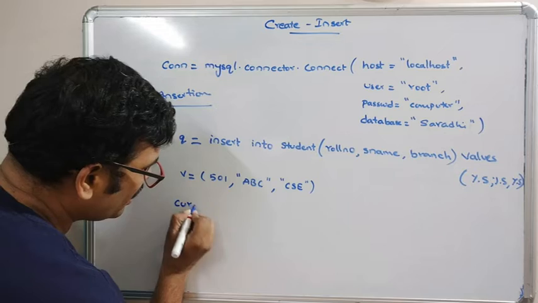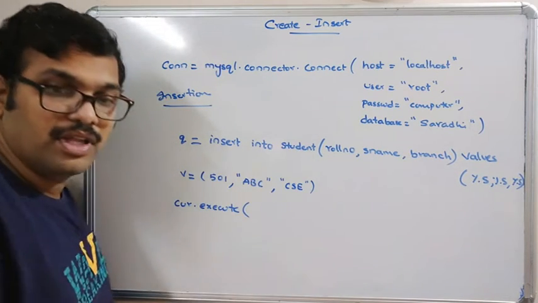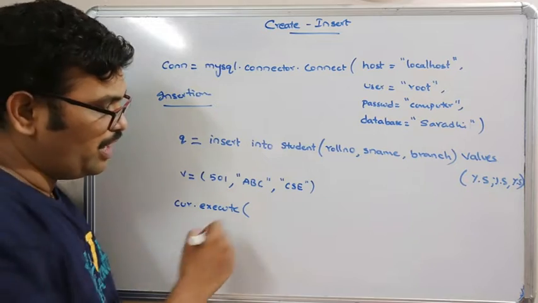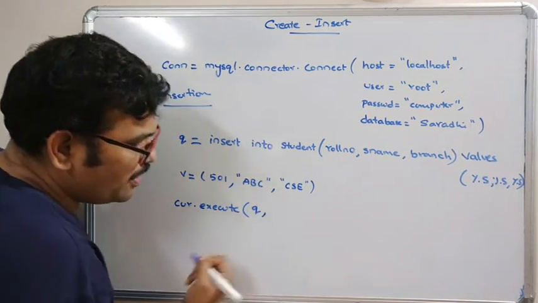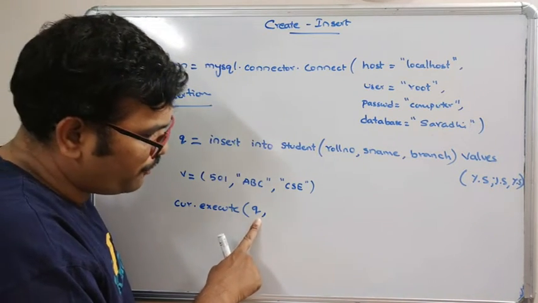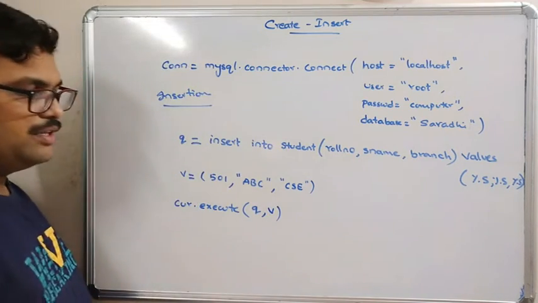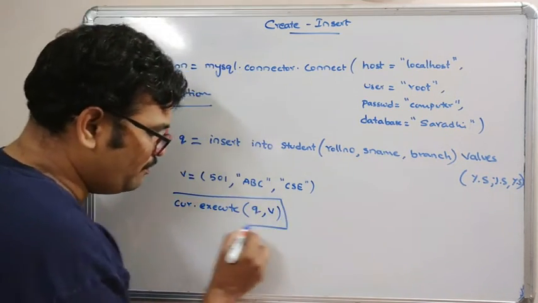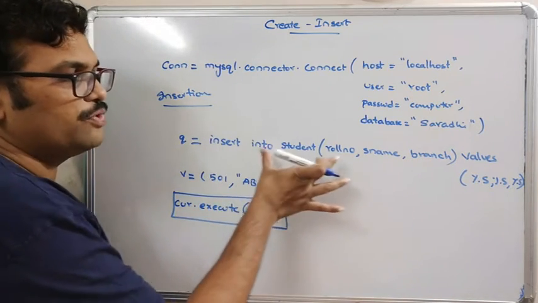Now the same step, cursor object dot execute. In order to execute the query, we have to pass this query inside the execute method. Along with the query, we have to pass this value also. This method will insert the given values into the table by executing this query.